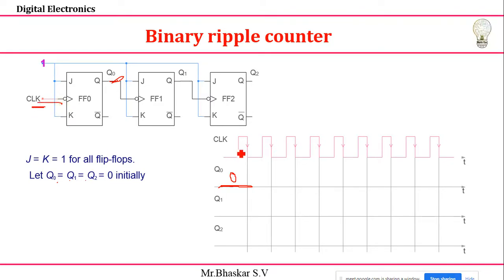For the next clock edge, because of the JK value, what change will happen to the 0 value? J and K values are 1 1, right? If J and K are 1 1 and the previous value is 0, that is the initial case, what is the next value?